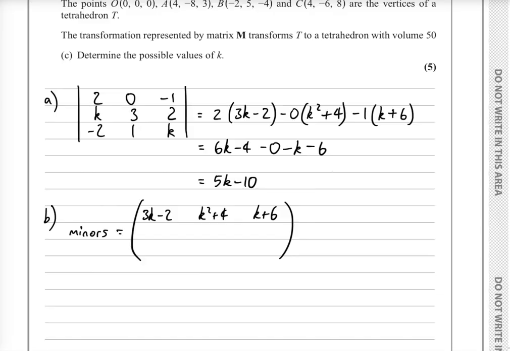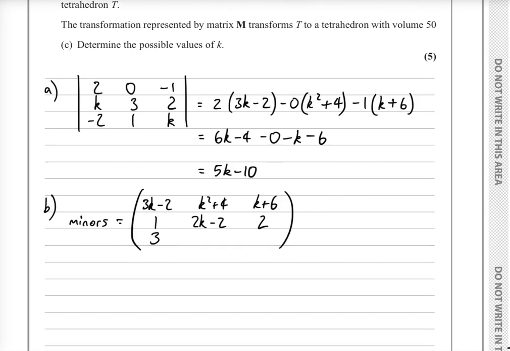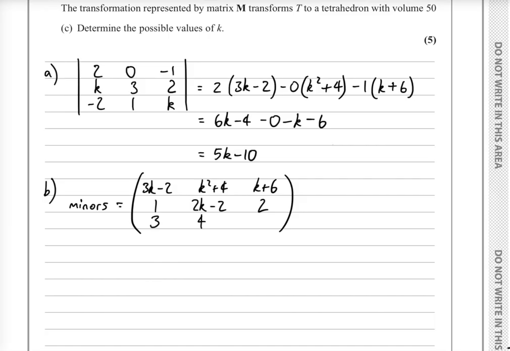Continuing on, we've got 0 times k minus 1 times 1. The middle one is 2 times k minus 1 times minus 2, 2 times 1 minus 0 times minus 2. Final row, 0 times 2 minus 1 times 3. 2 times 2 minus 1 times k, and finally 2 times 3 minus 0 times k.